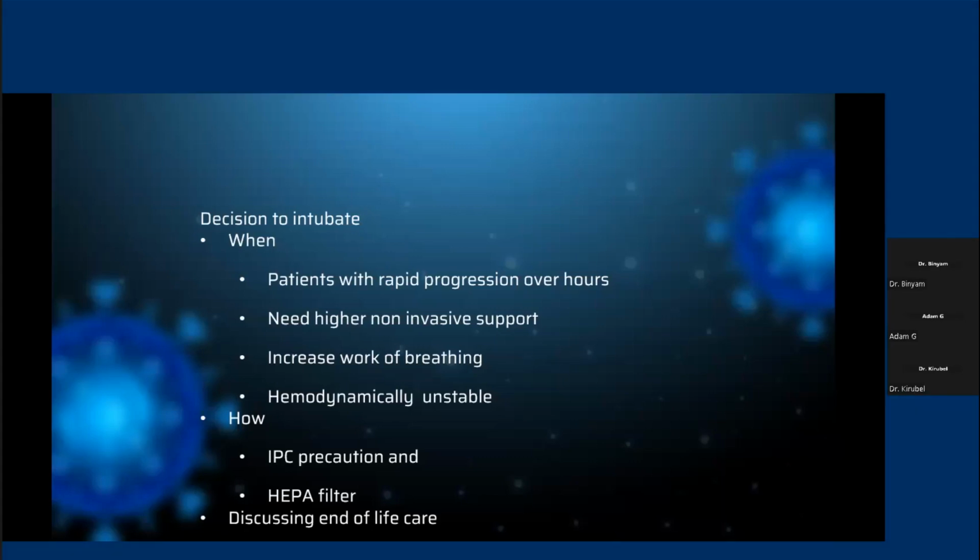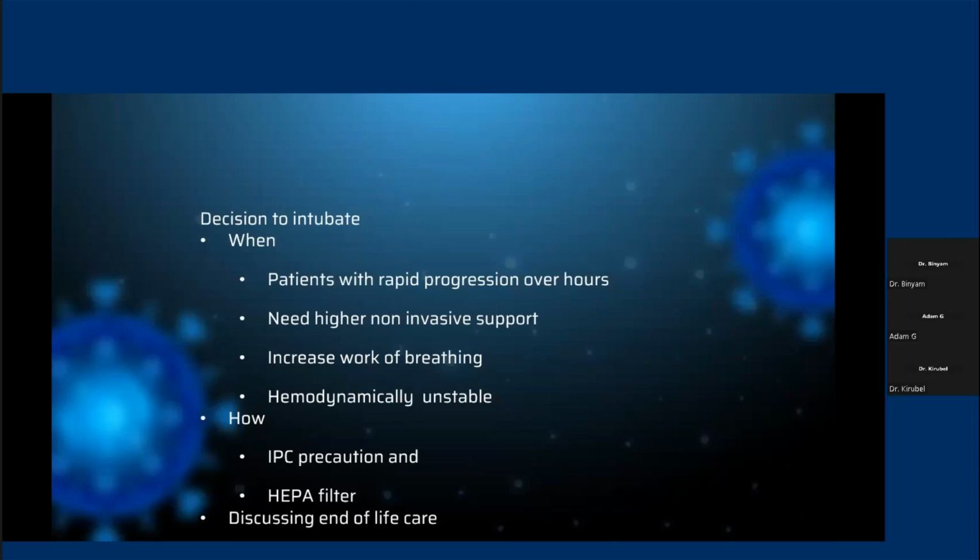Before going in and intubating the patient, you have to sit down with the family and discuss the issues, because as you know, mortality in intubated patients, according to some literature, is up to 88%. So the wish of the family should be respected.